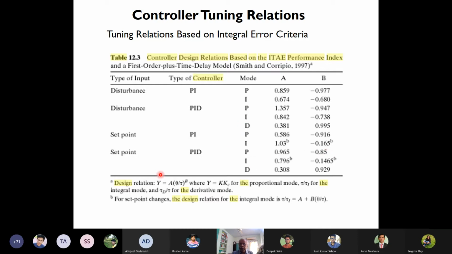And here the design relationship is y is equal to A (theta by tau) to the power B, where y is equal to k into kc for the proportional mode, tau by tau I for the integral mode, and tau d by tau for the derivative mode. Based on this, these equations are developed, and these are basically the A and B coefficients for these equations.